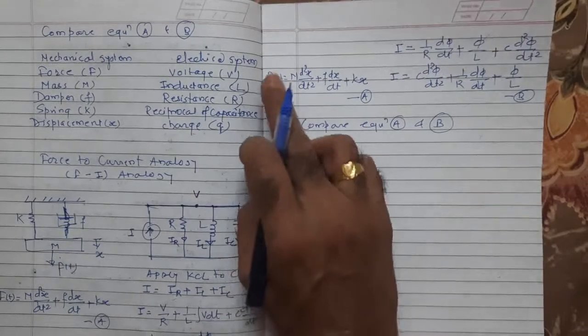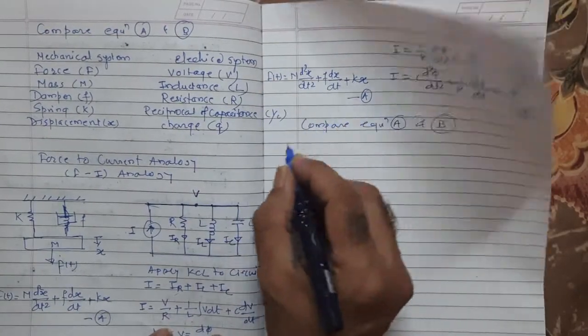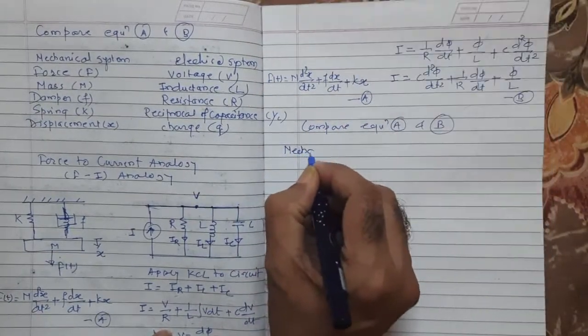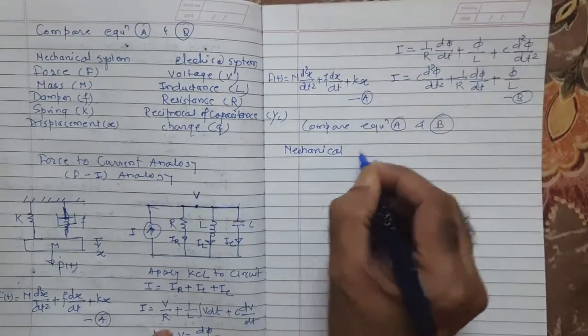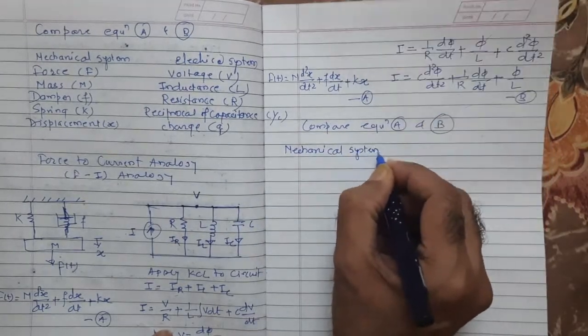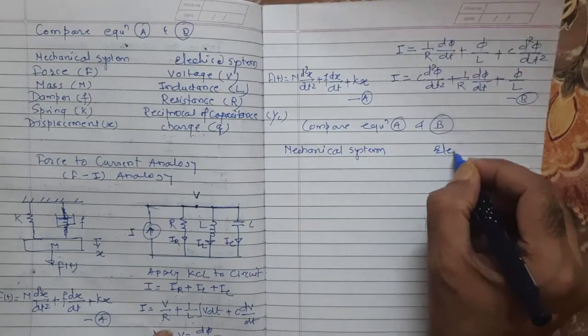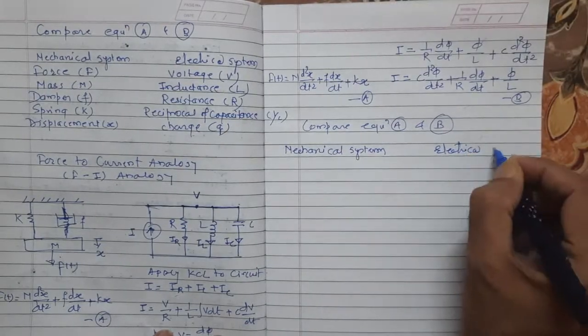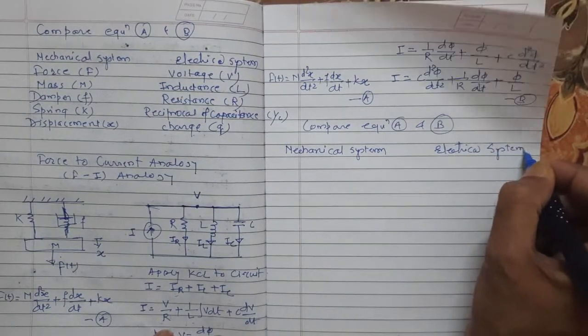Then here the force is nothing but the current. This is the mechanical system and here it is the electrical system, and we will find out the equivalent of this.